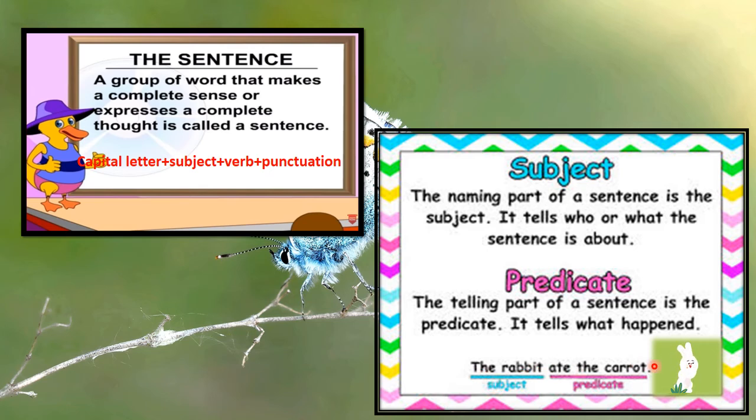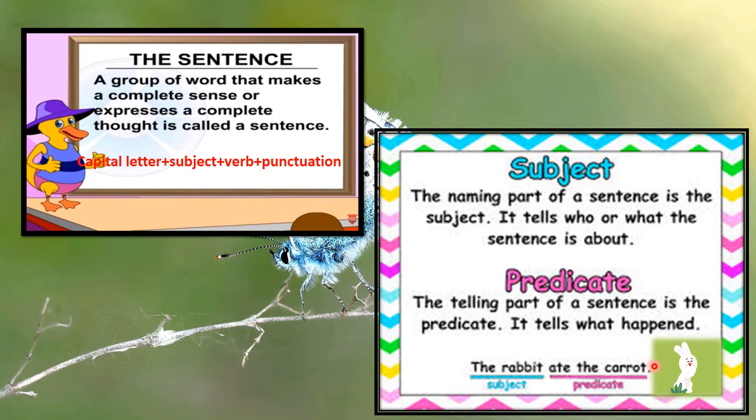We can have more examples, like India is a big country. The next example: the cat slept on the mat. Who slept on the mat? The naming part.